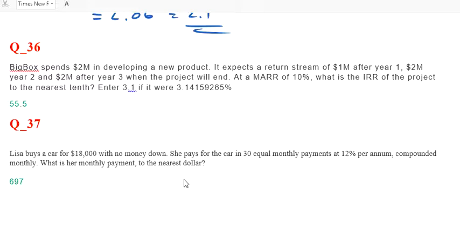Lisa buys a car for $18,000 with no money down. She pays for the car in 30 equal monthly payments at 12% per annum compounded monthly. What is her monthly payment to the nearest dollar?